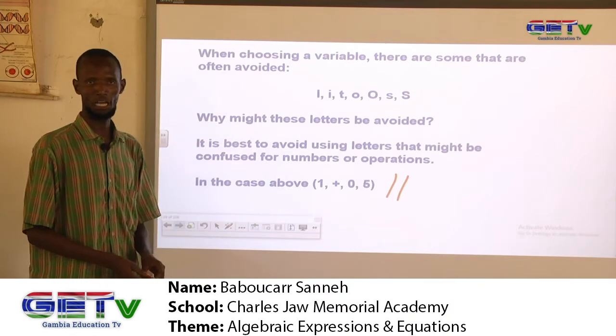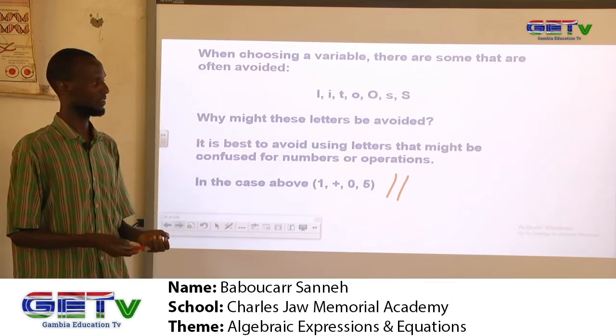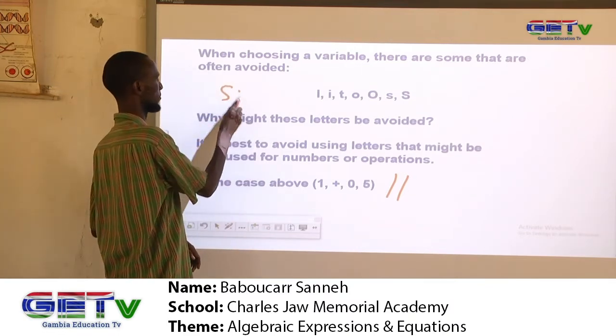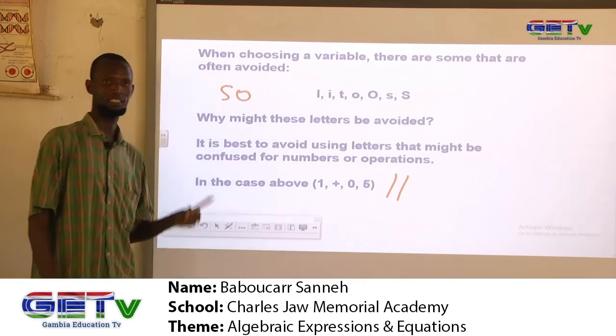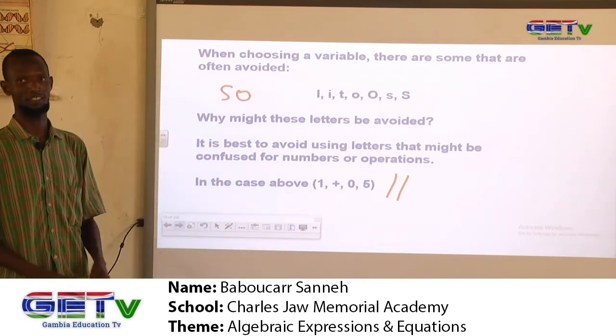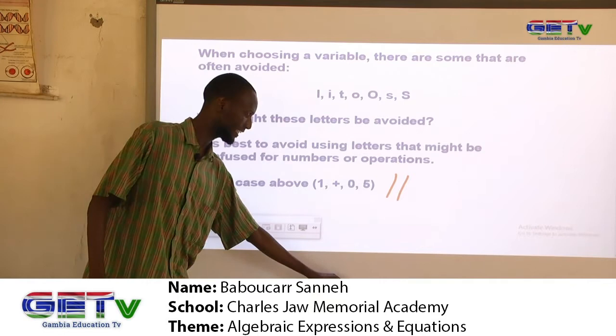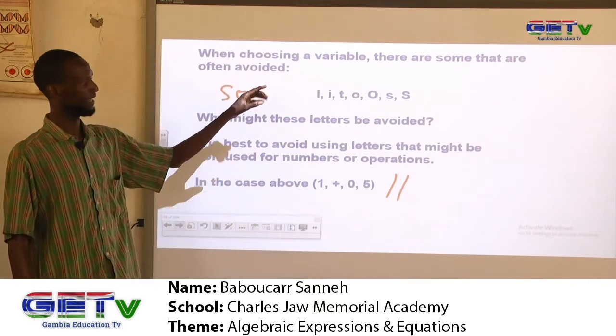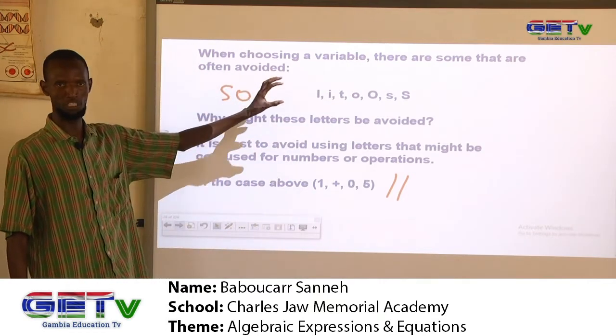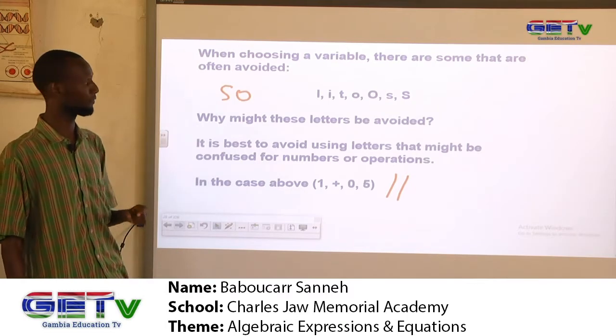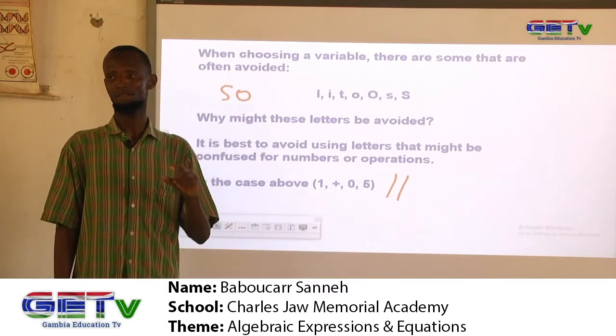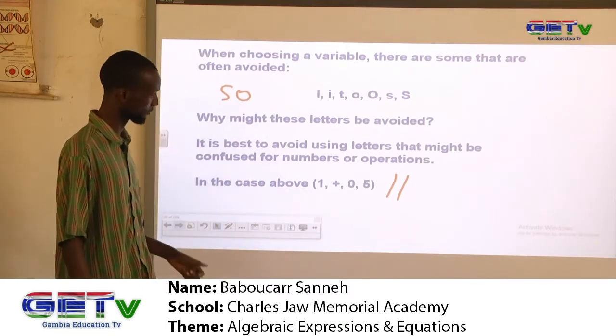Let's say I want to write 5O, and I go ahead and write my 5O. Somebody can definitely read this as a 50. So this is why you are advised to avoid using them as your variable, because they can easily be confused as numbers or operations.